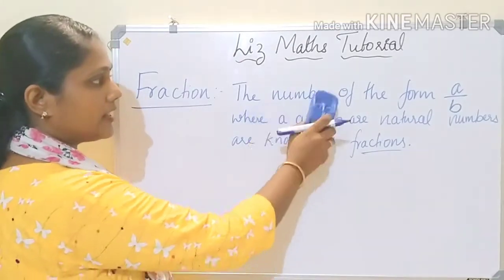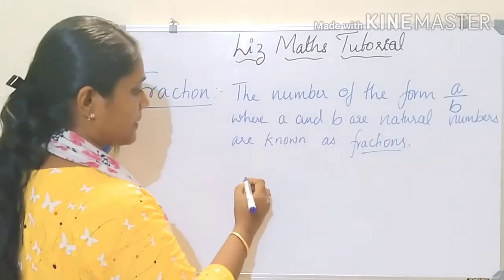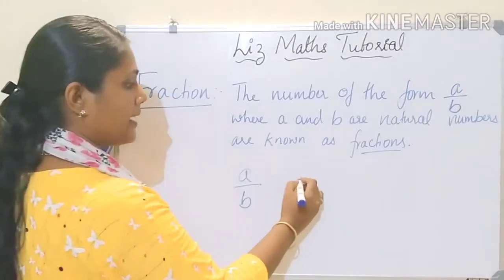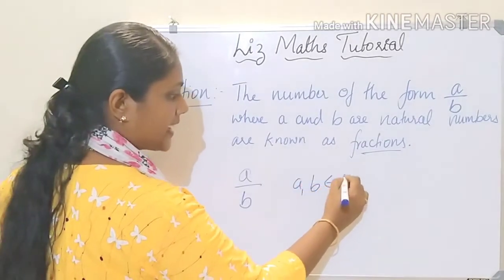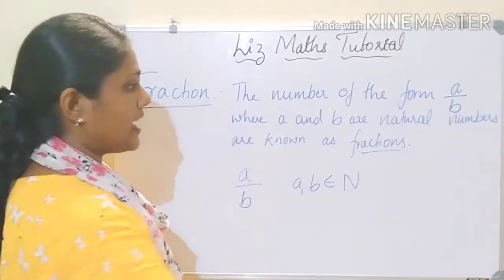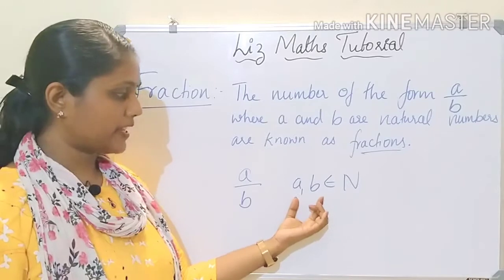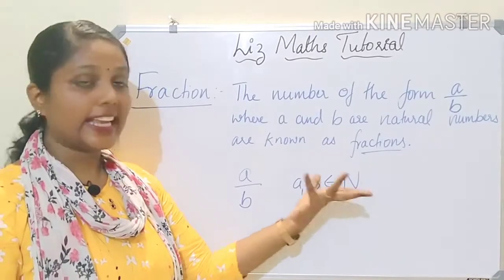So here, a number of the form a by b, where a and b belong to natural numbers, is known as a fraction. Only that much. In the place of a and b, you have to write any natural number.